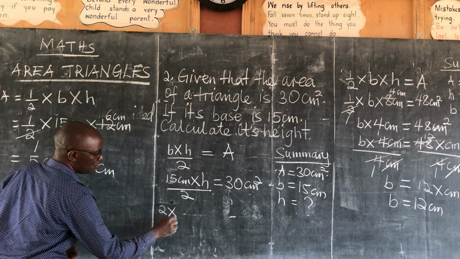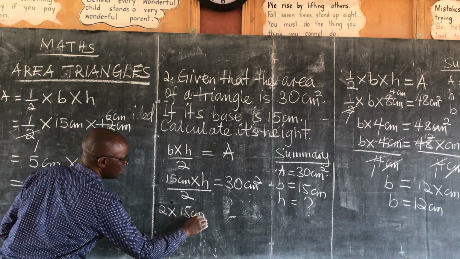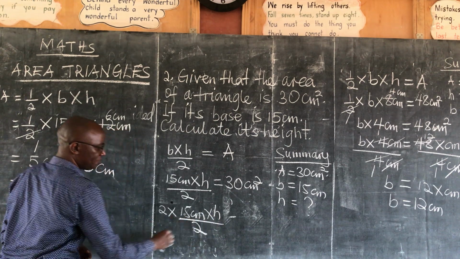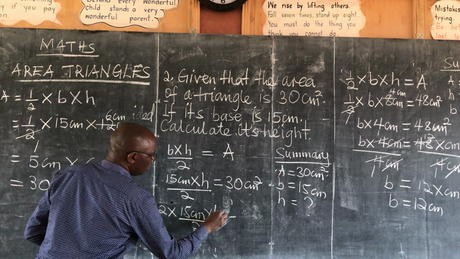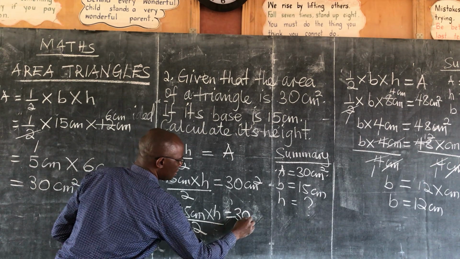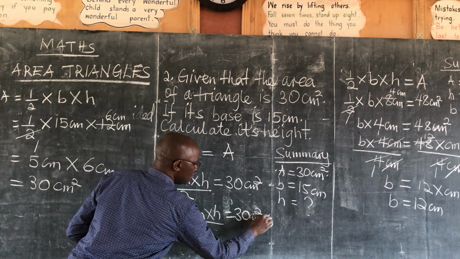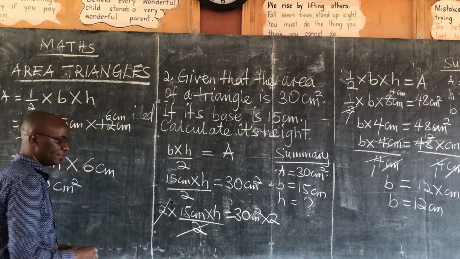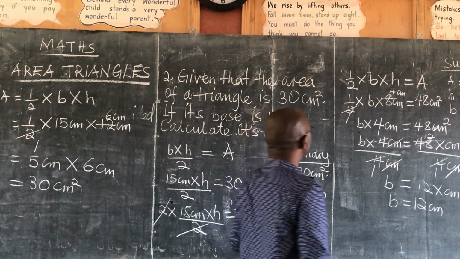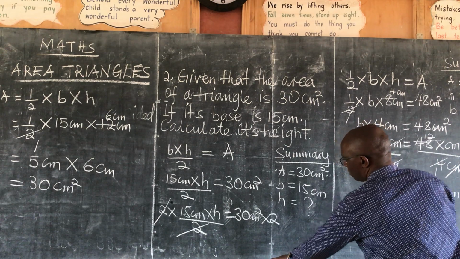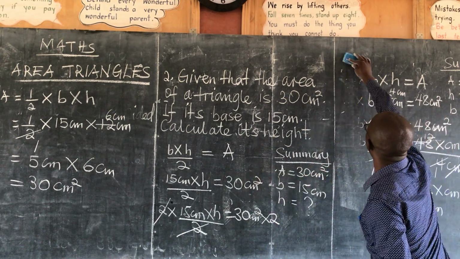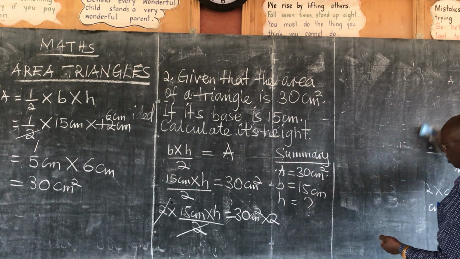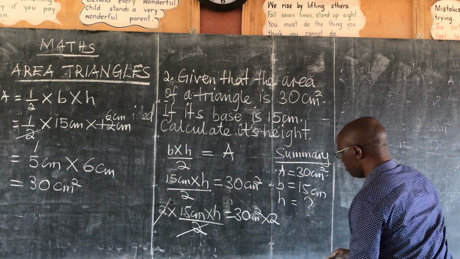So that is going to be 2 times 15 centimeters times the height out of 2 is equal to 30 centimeters squared times 2. So this will go off with that. You lose that. So we continue from this side. So we remain with 15h.